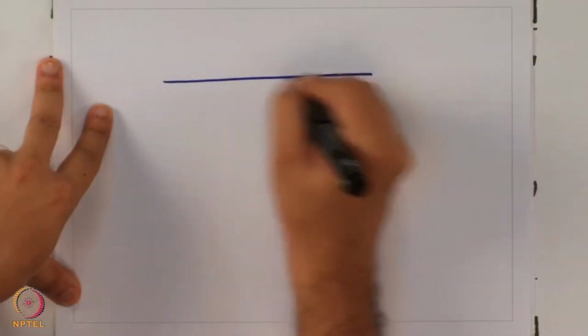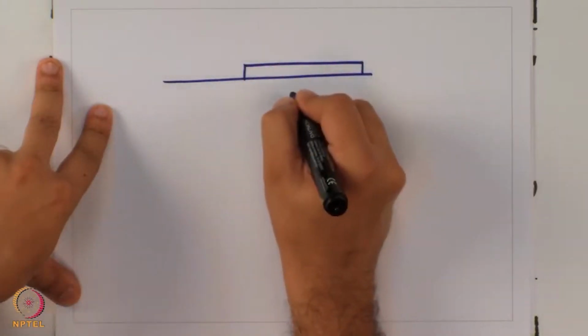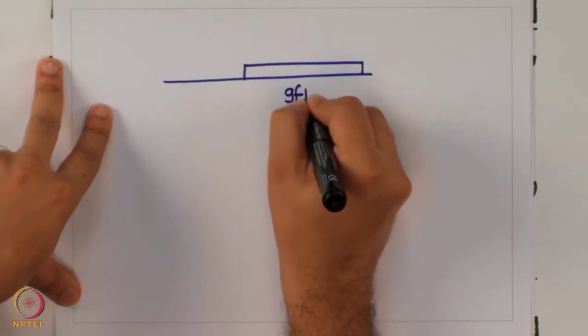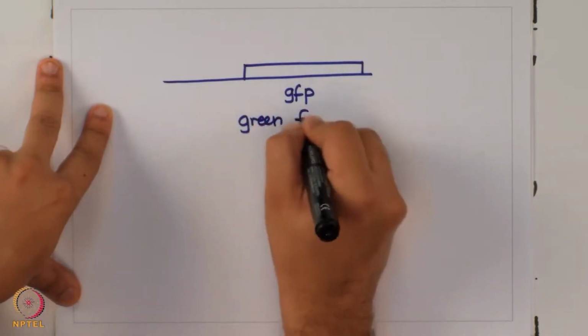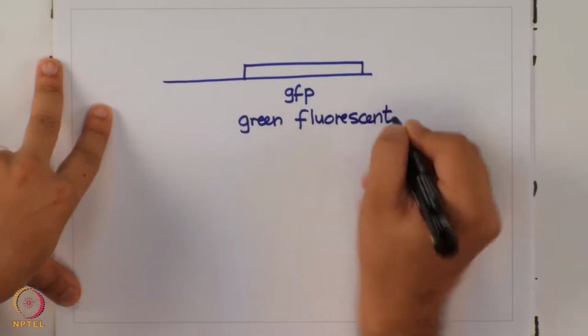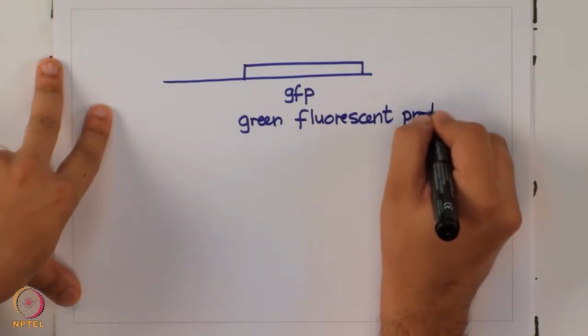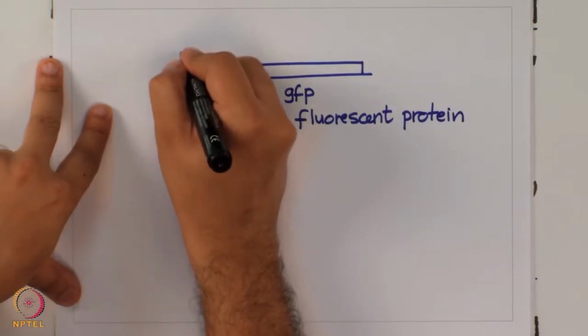The system that we are going to talk about is, let's say we have a gene, and this gene is GFP, which stands for green fluorescent protein, and there is a promoter sequence here.